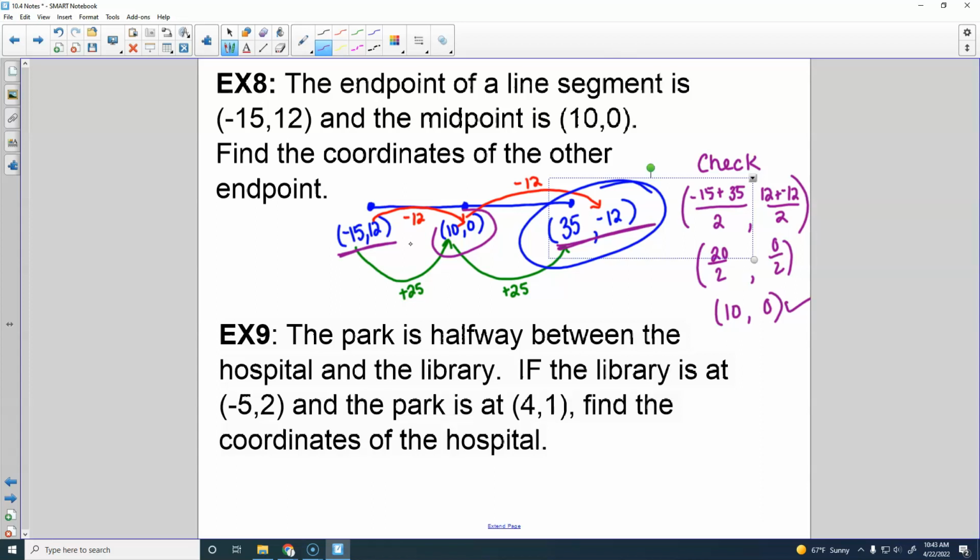Now, it always seems to happen right here on problems like example 9. All right, the park is halfway between the hospital and the library. If the library is at -5, 2 and the park is at 4, 1, find the coordinates of the hospital. The first thing I want you to watch out for is, what are we dealing with here? Are we doing distance, or are we thinking about midpoint?